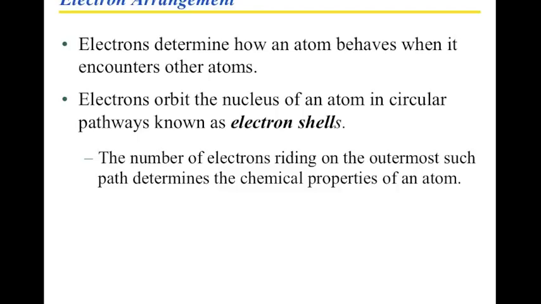So if you have, let's say, two protons in the nucleus, then you would end up with two electrons zooming around the outside, and the two positives on the protons would cancel out electrically the two negatives, the electrons, and you end up with a neutral atom. So if you're counting, you would always have the same number of electrons as protons.